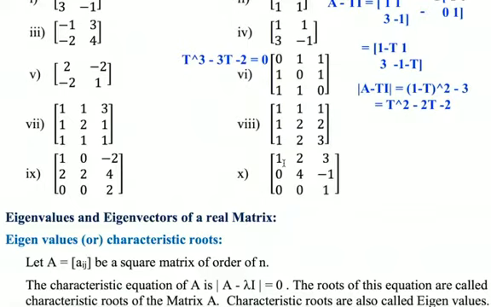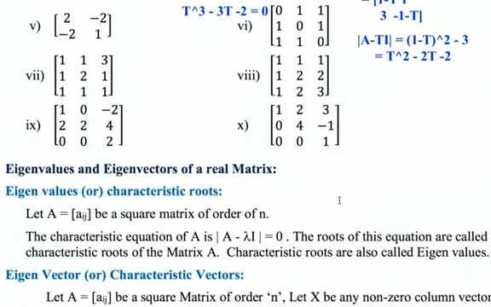I think the characteristic equation is nothing but 1 minus lambda into 4 minus lambda into 1 minus lambda equal to 0, or otherwise lambda minus 1 into lambda minus 4 into lambda minus 1. If you just multiply all these three, you will get the characteristic equation.